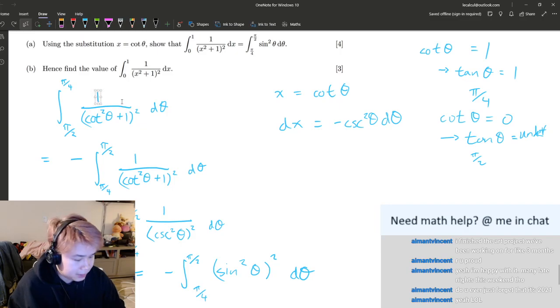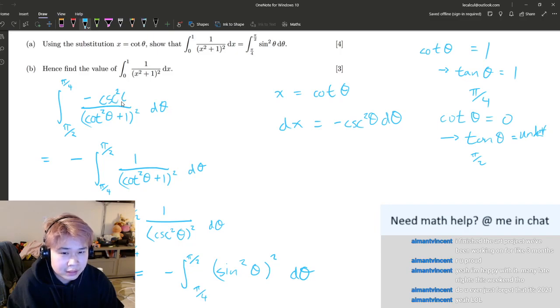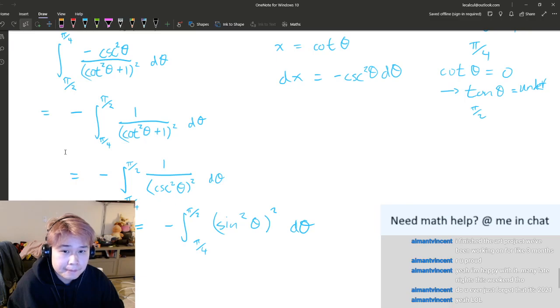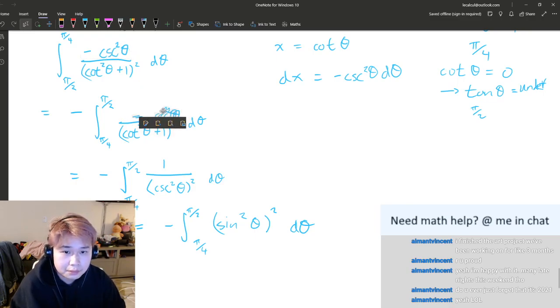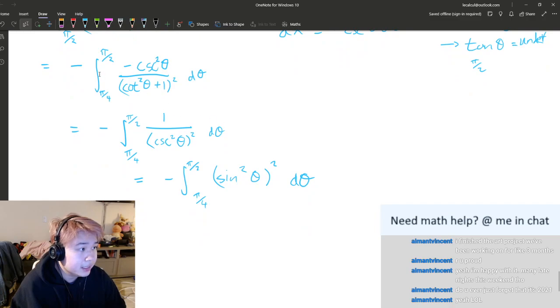So when I make this substitution, this should have been negative cosecant squared over here. Copy this. Paste that. This negative and this negative are going to cancel out, so that's gone.